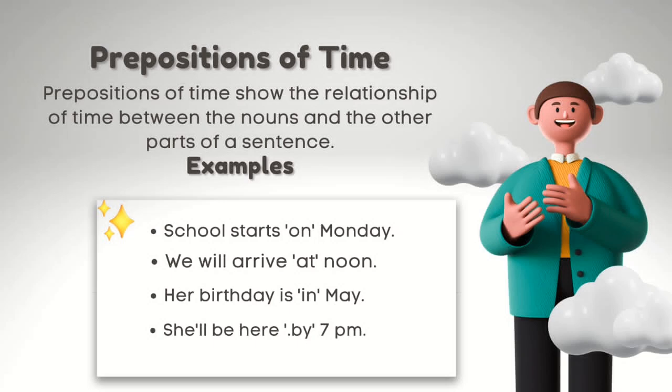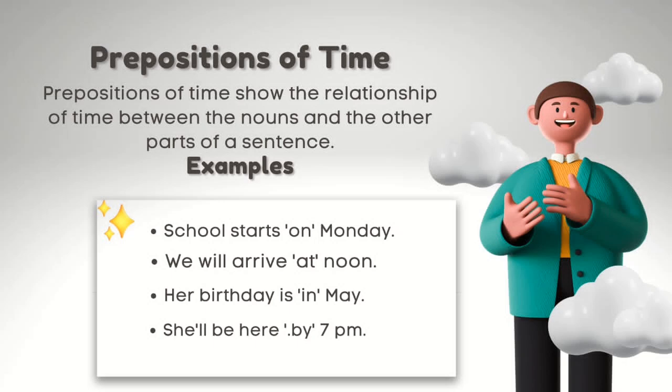A preposition of time points to time. School starts on Monday means that school is starting on no other day but Monday. We will arrive at noon means that we are not going to arrive in the morning or in the evening, but exactly at noon we will arrive.